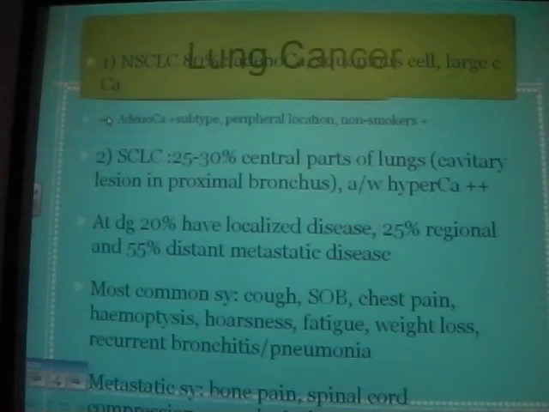When you ask him, it's been ongoing for years. He used to smoke, then he stopped. He's coughing up, sometimes a bit of blood, he's not sure, yes or no. He's tired, he's lost a bit of weight. So it's really non-specific symptoms that might be explained by a chest infection, or you might be thinking of something else. Also a history of recurrent bronchitis, for example.